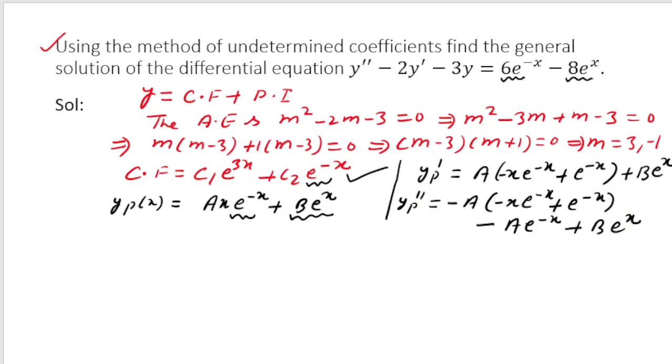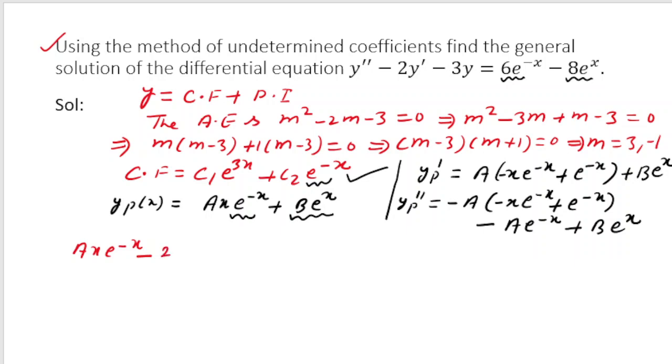To get the constants a and b, what we need to do next is substitute these values in the equation. Let me write directly. So yp double dash: this minus a and this will become plus, right? So we will get a x e to the power minus x, and minus minus a e to the power minus x, and minus a e to the power minus x.